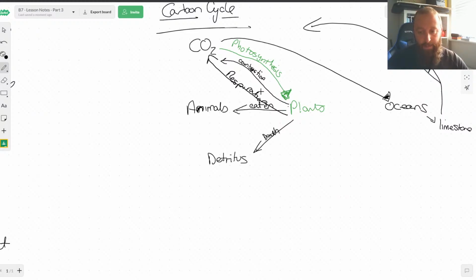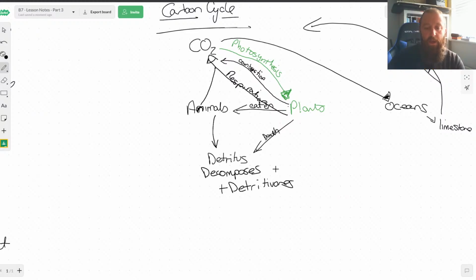We've got respiration happening. Remember, respiration doesn't just happen in animals and bacteria, it does happen in plants as well. So the animals can respire, and the animals can also die. So we've got combustion of plants, we've got the respiration of animals and plants, and then we've got detritus forming, so we've got our decomposers and our detritivores.